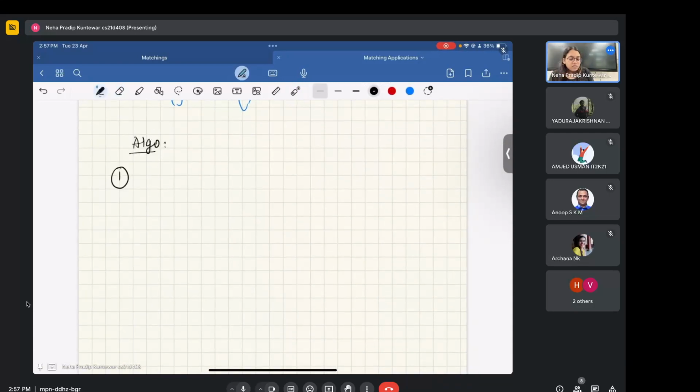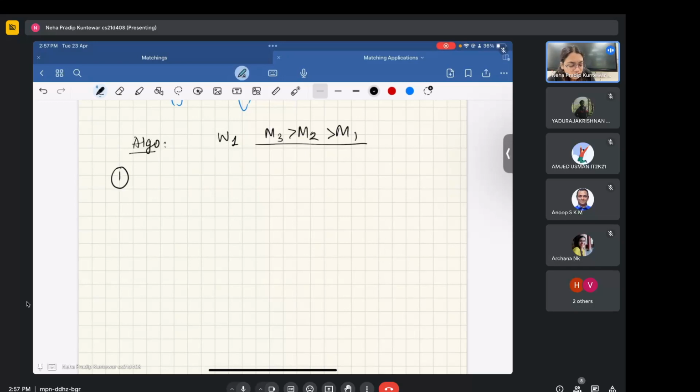So what happens is that a woman looks at her list, let's say W1. She looks at her list of preferences. Let's say she prefers M3 over M2 over M1.